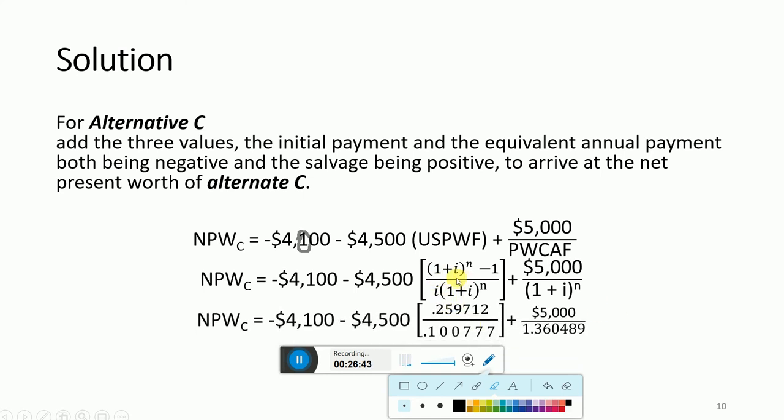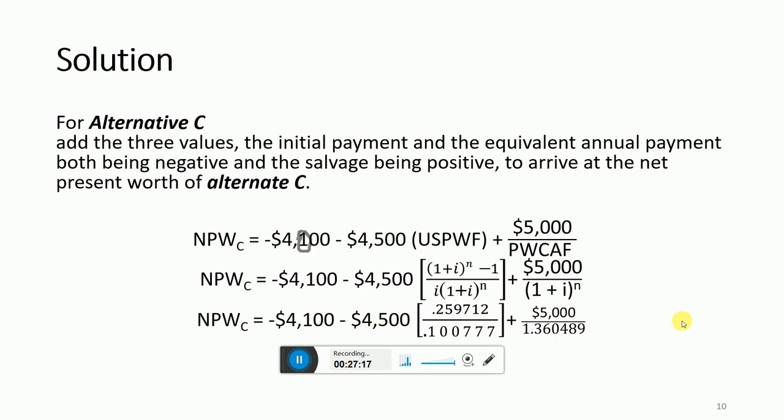So if we put values in this 0.08 and in this we put the 3, so we get this value 0.2597 divided by 0.100. So we have to divide this and multiply with 4,500. Similarly, for the salvage value, we have 5,000 value and we have to divide it with 1.36, which came from 1 plus 0.08 power 4.